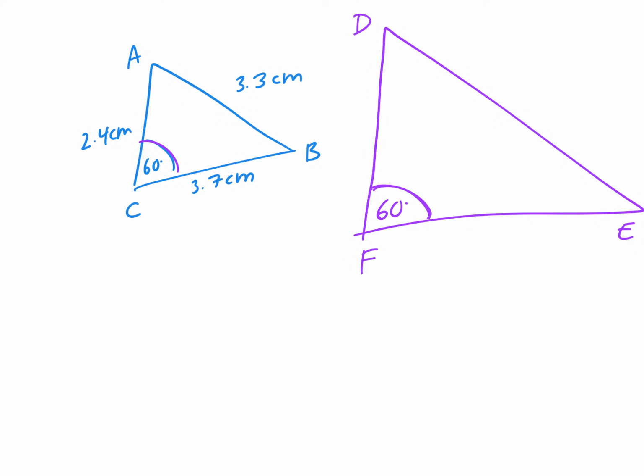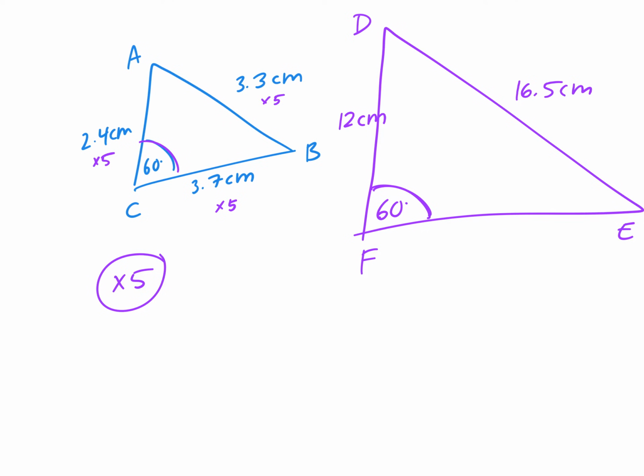Somebody said, let's increase each side by a scale factor of 5. Sure. So if I multiply 2.4 times 5, what do you get? Okay, so 12 centimeters. What do you have to do to every single side to make sure that it's similar? I can't just multiply this by 5 and then multiply that by 2. It's going to be distorted. So what do I have to do to each side? Multiply it by 5 and tell me the new dimensions. That's it. So this would be 16.5 centimeters.